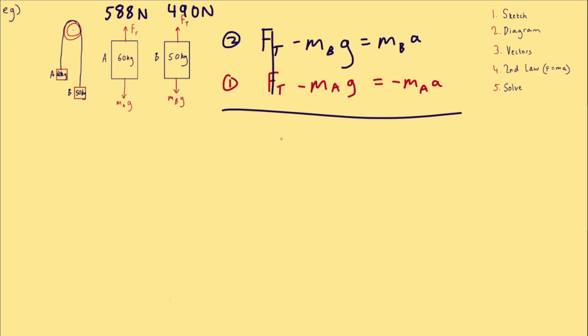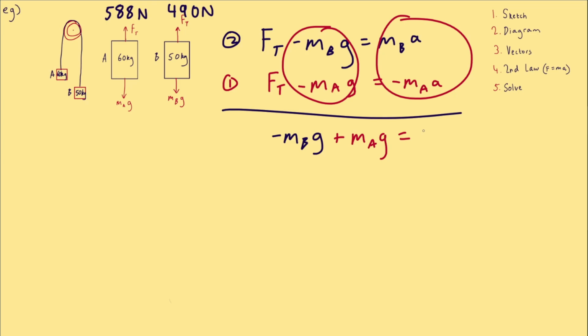Perfect, we're ready to subtract these equations now. These two, take away, they cancel out. Subtract these, you get negative mB g plus mA g. Subtract these, negative mB a plus mA a. This looks pretty weird, but it's all part of the process and you have to trust it.